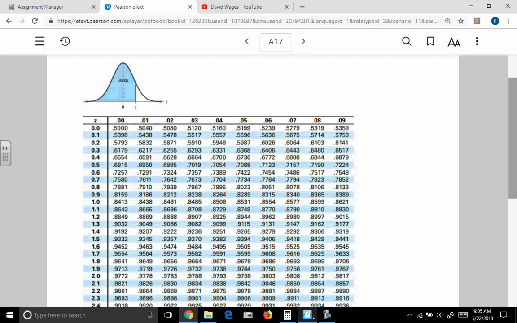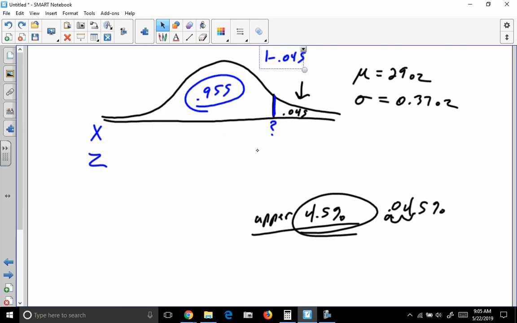We're looking for 0.955. This one is the closest to 0.955, so that's 1.70. That is the Z value that corresponds to this area being to the left of it.